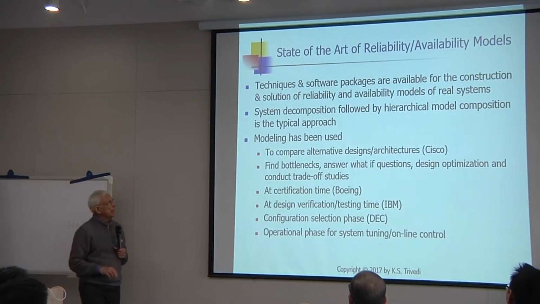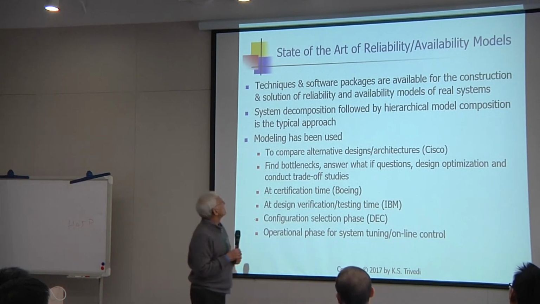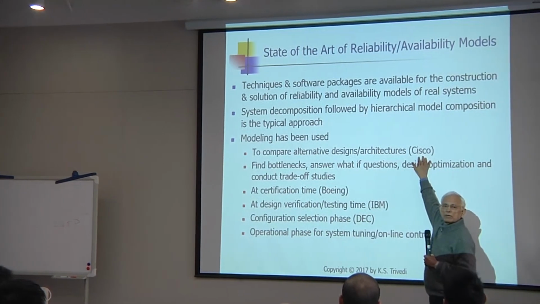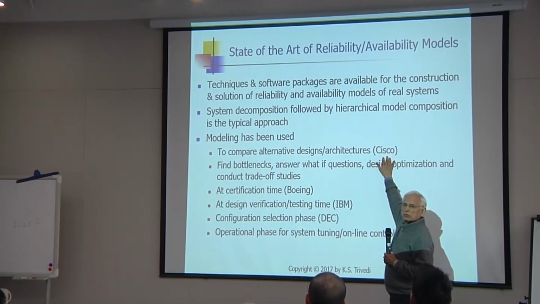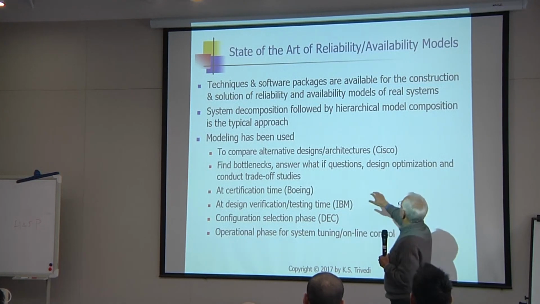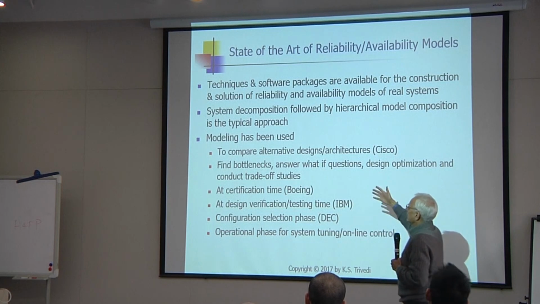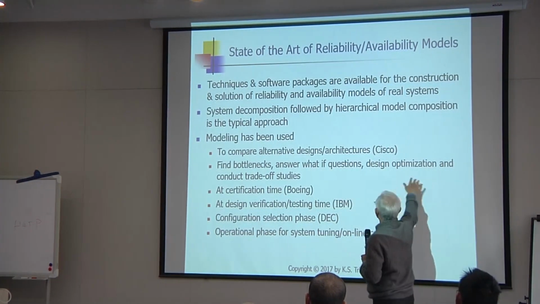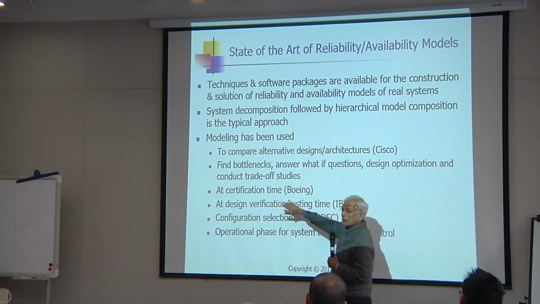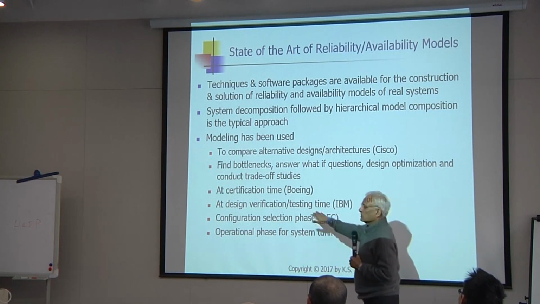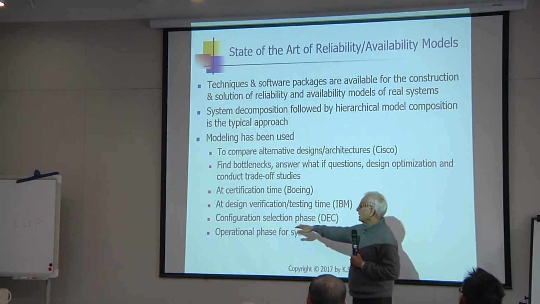I have personally used this kind of modeling to compare alternative architectures, as I showed you in Cisco, where I was asked to compare a Cisco router with a Juniper router. I've done this for finding bottlenecks, like in IBM, answering what-if questions, design optimization, at certification time, like in the Boeing case, at design verification testing time, like in the IBM case.